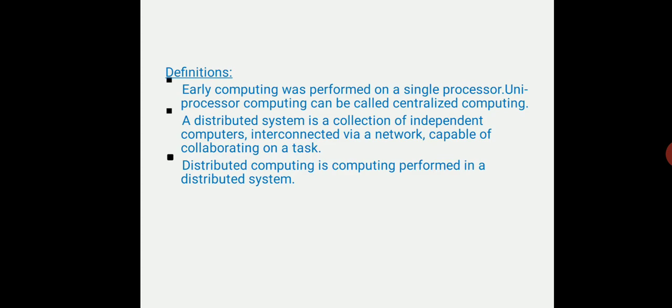Now distributed system. The definition: a distributed system is a collection of independent computers interconnected via network, capable of collaborating on a task. In this system independent computers are interconnected, and these processors or resources can be used to perform a task.